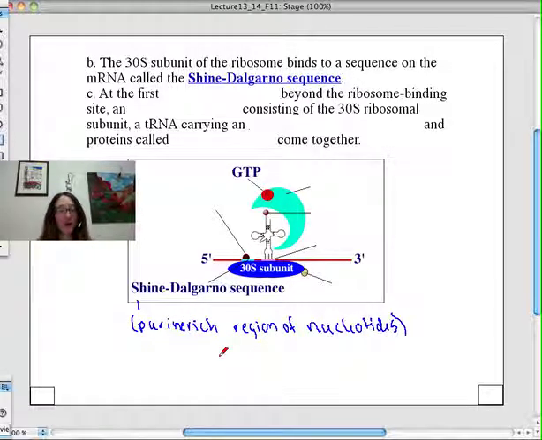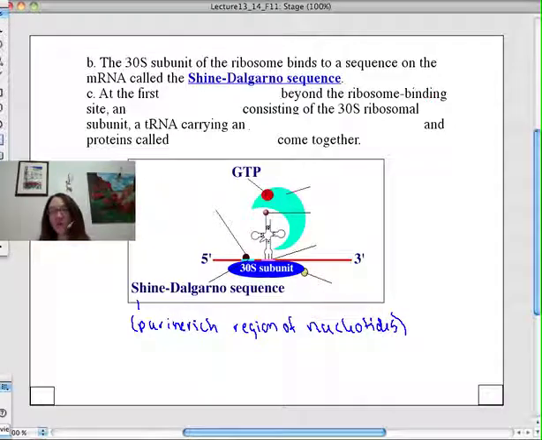Okay, so the pyrimidine-rich region in the 16S ribosomal RNA latches on and holds on to that, and it's what allows for the beginning of translation to take place, the culmination of a lot of events at that one site. So it also does orient such that the AUG start codon, which I'm showing in bright pink here, is going to be in the right place to initiate the beginning of the reading frame of translation.